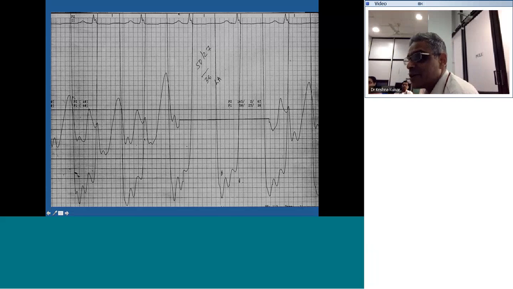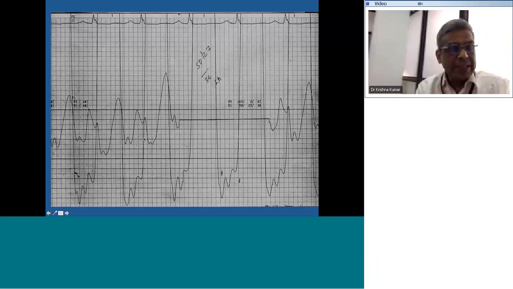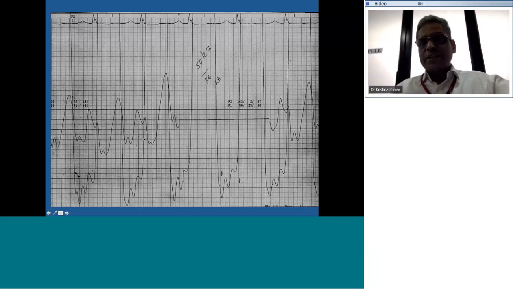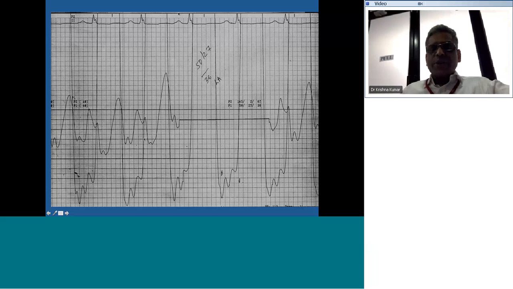So warfarin or equivalent is probably indicated, because the risk of stroke is substantially higher in mitral stenosis with atrial fibrillation than in atrial fibrillation alone. I think it's got the highest risk of clot formation in the left atrium.